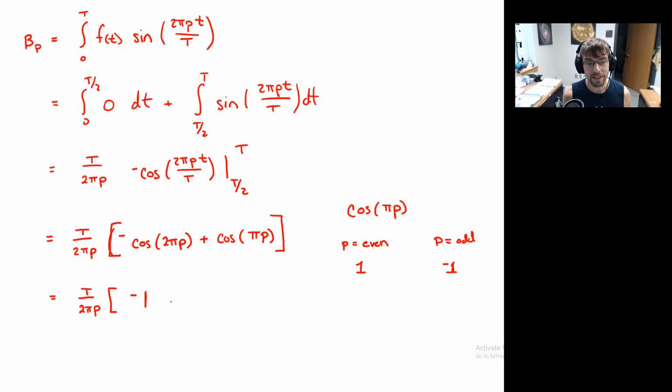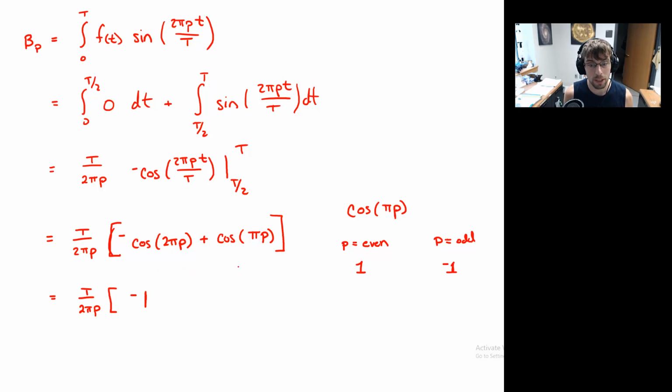And so we see here, if p is even, we'll get negative 1 plus 1, which is equal to 0. And if p is odd, we'll get negative 1 minus 1, which gives us a non-zero value.